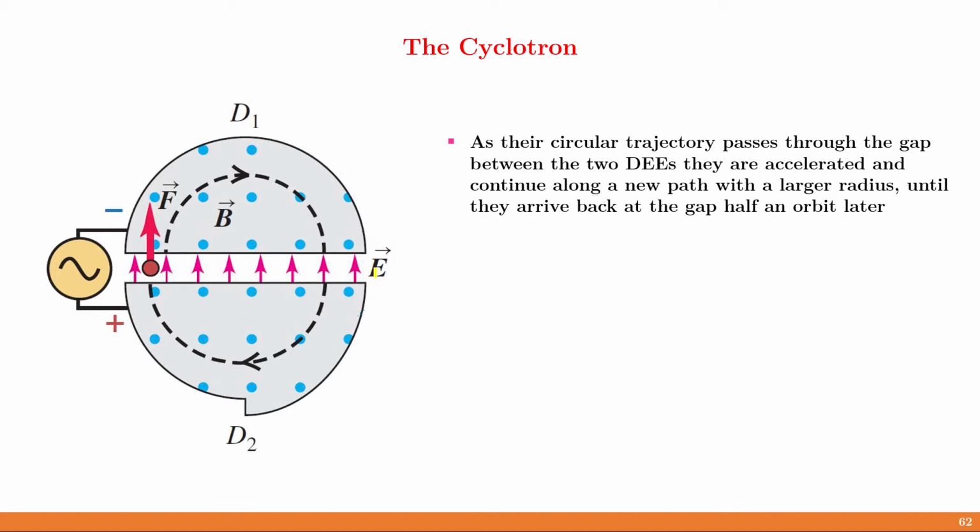As their circular trajectory passes through the gap between the two Ds, they are accelerated and continue along a new path with a larger radius until they arrive back at the gap half an orbit later. That is, at this point.